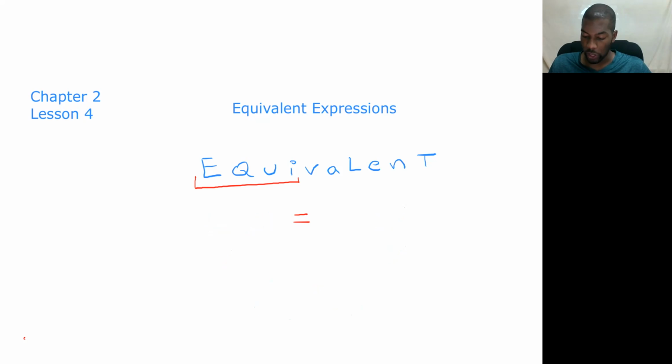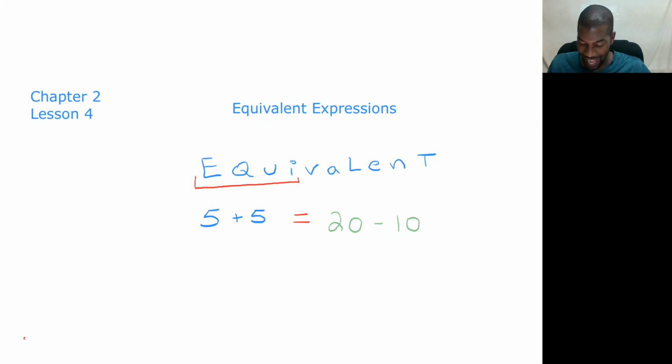So if I gave you an equation like, let's say, 5 plus 5, and I said, is that equivalent to the equation 20 minus 10? Well, you might say to yourself, I don't know, I have to figure it out. So that's what we would do.